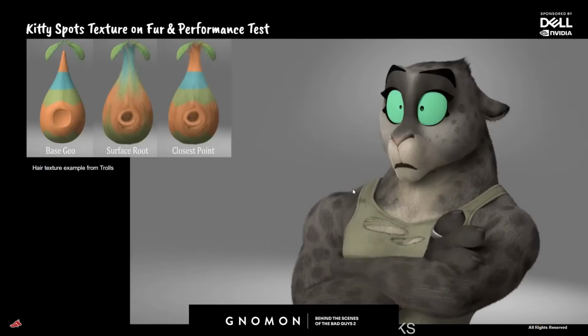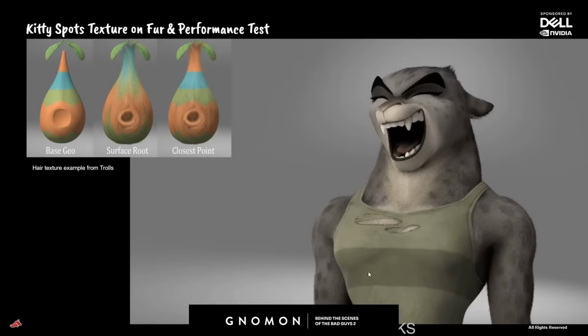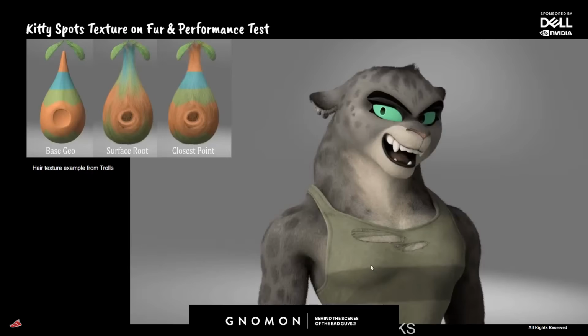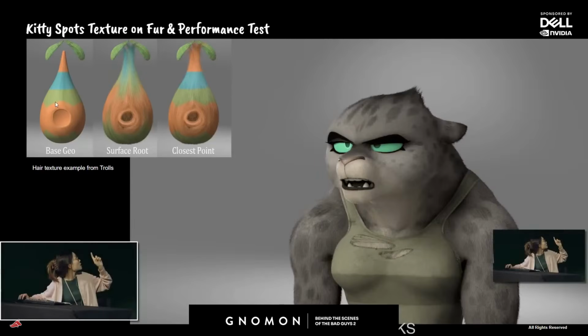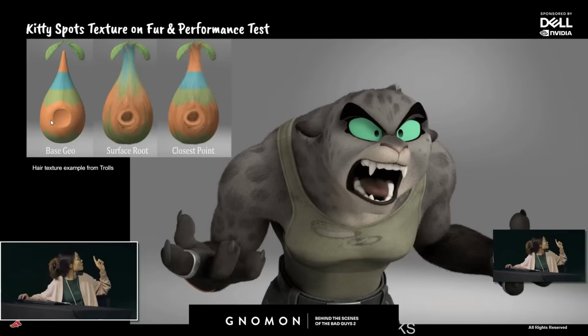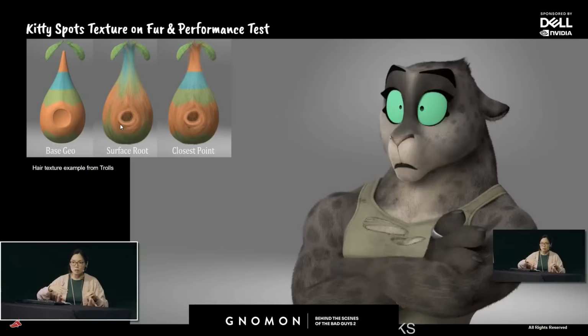Okay, now we're going to talk about the shading side of her fur. Her fur is actually a blend of two types of hair shading. We have an example from this image, probably Trolls 1. This is a base geo with a color texture on it. The first traditional hair shading method is what we call the surface root method.